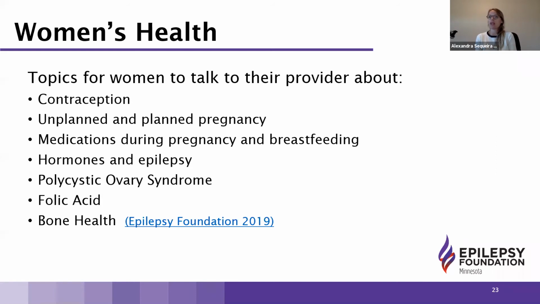And then breastfeeding. Anti-seizure medications in general, most of them are excreted in breast milk. So again, always weighing risk and benefits and potentially, if possible, trying to get the female on the safest anti-seizure medication. So some are absolutely known to be potentially more harmful than others, and that's not always possible, but again, that's the goal.